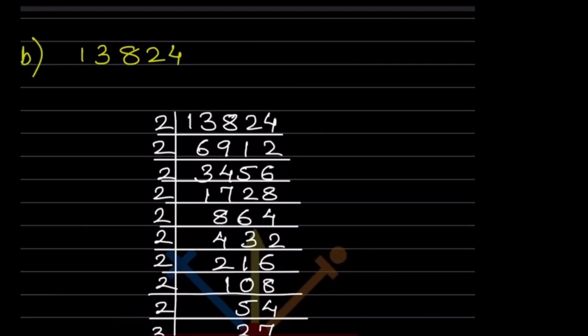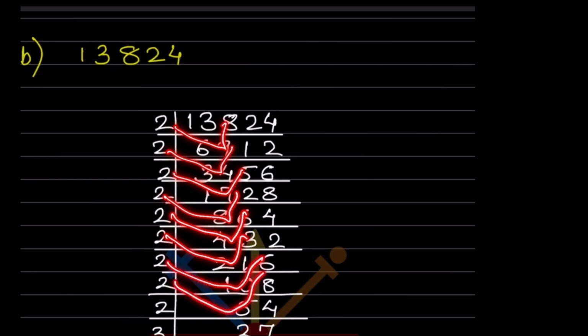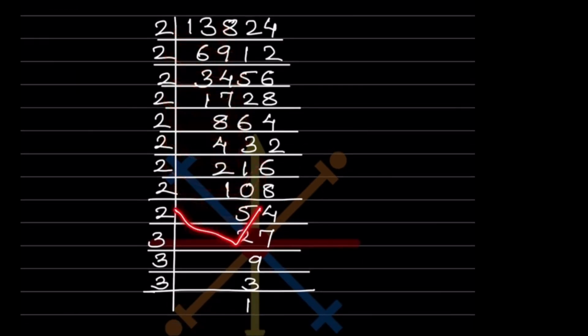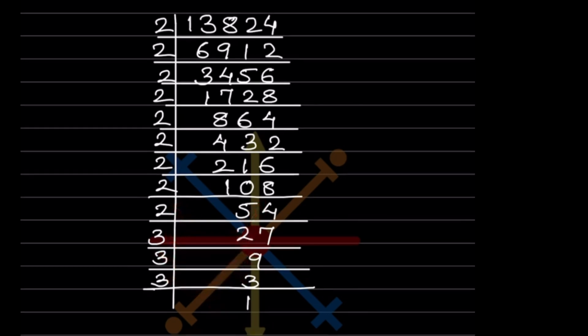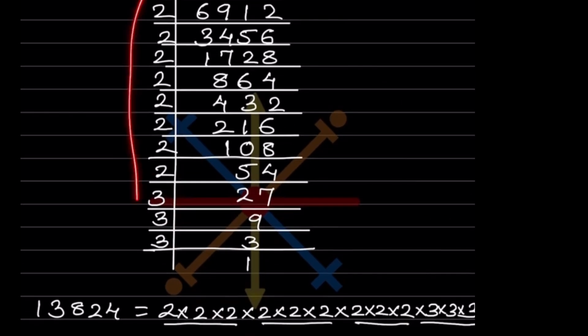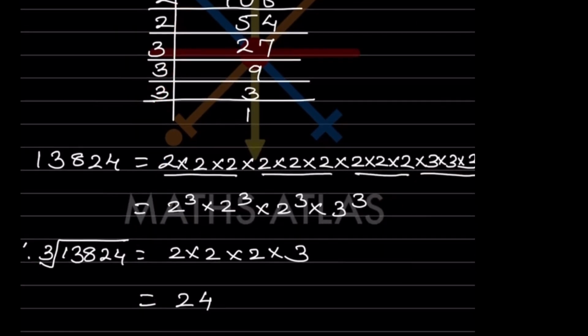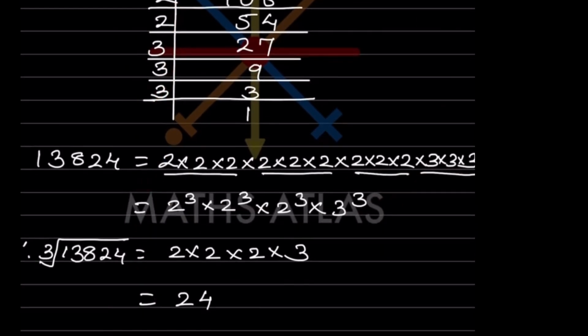Now here 13824. Again, we will go with 2s. Now this is possible with 3. So now these are all the factors of it. So 13824, we'll write all these factors here.